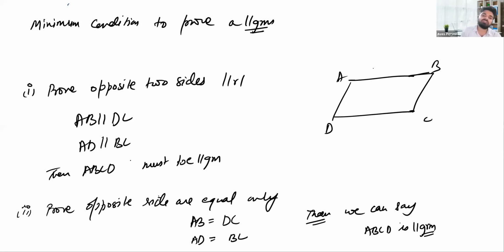Now the third condition is to take any two sides and prove them parallel as well as equal.